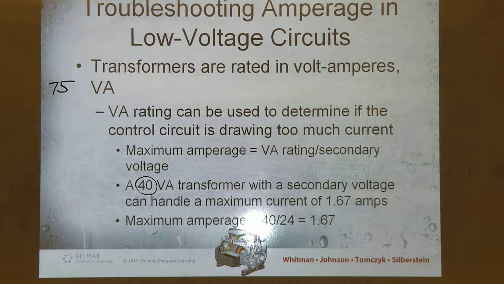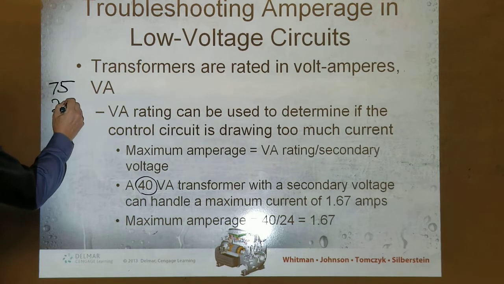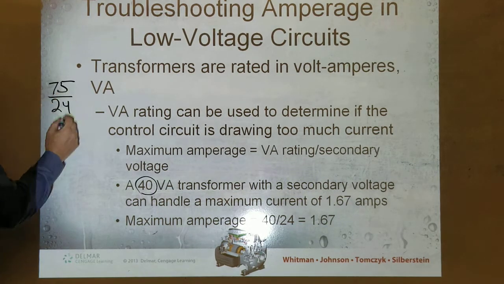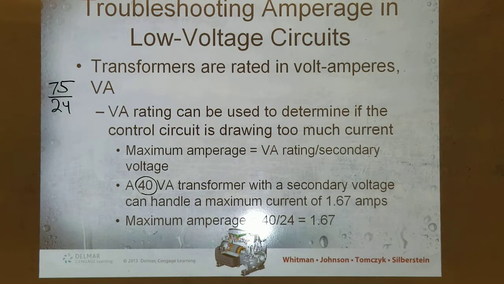We're looking for amps, so we have P and we have E. What's our E? 24. So we have 24 volts and 75 watts, and what does that work out to?